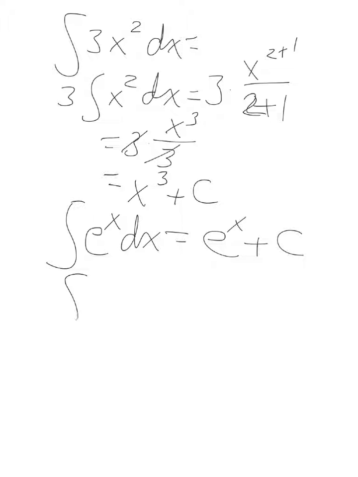If I have the integral of e to the minus 4x dx, then I have to think about how, when I take the derivative, you're going to repeat the e to the minus 4x and then take the derivative of the power. So I'm essentially doing that in reverse.